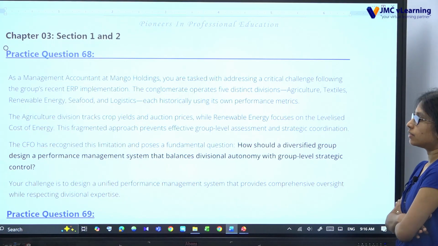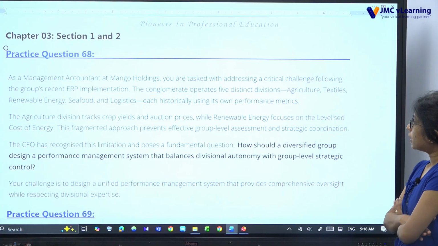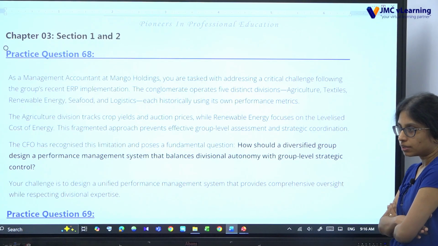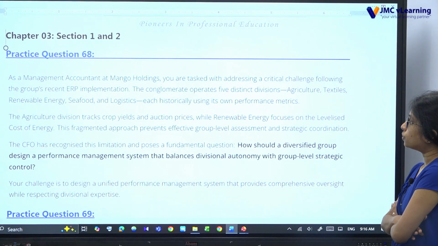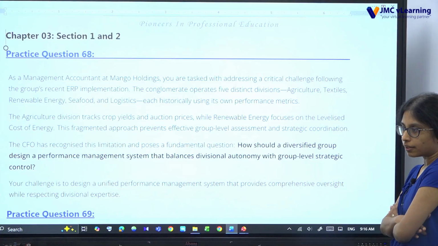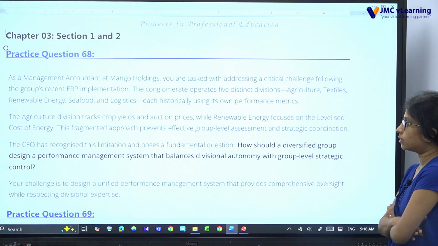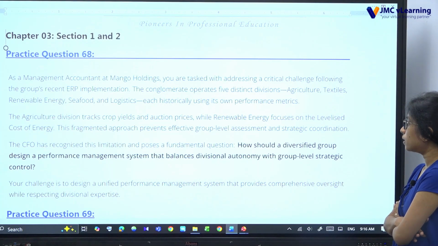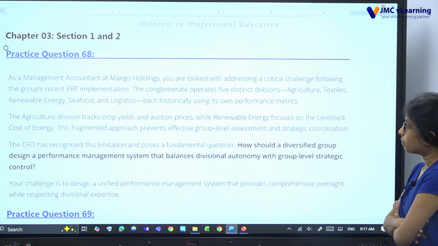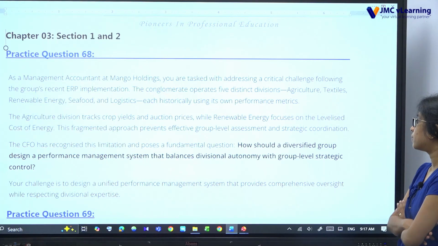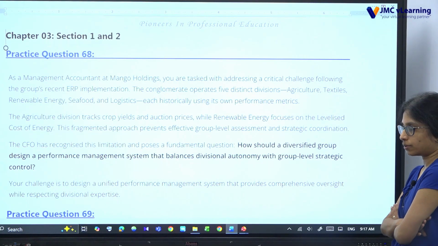The conglomerate operates 5 distinct divisions: agriculture, textile, renewable energy, seafood and logistics, completely different sectors. Each historically uses its own performance matrix. Agriculture division tracks crop yields and auction prices, while renewable energy focuses on the levelized cost of energy. This fragmented approach prevents effective group level assessment and strategic coordination.